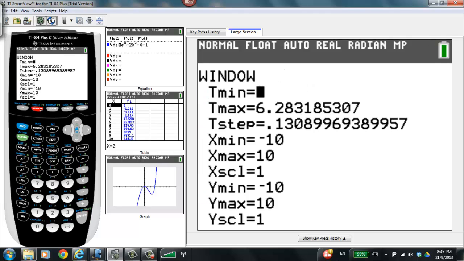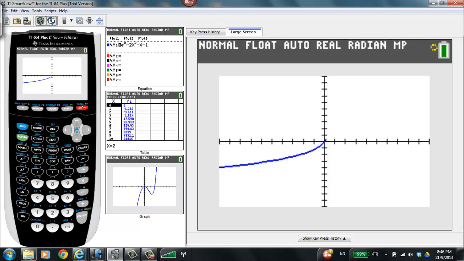Do take note that by default, your GC will always have T minimum equal to 0. However, if you read the question carefully, there's no restriction on the value of T. Hence, please give a suitable negative value for T minimum, so that you can get the whole graph. And do take note, we have already shown that C is strictly increasing, and this graph exhibits this behavior.